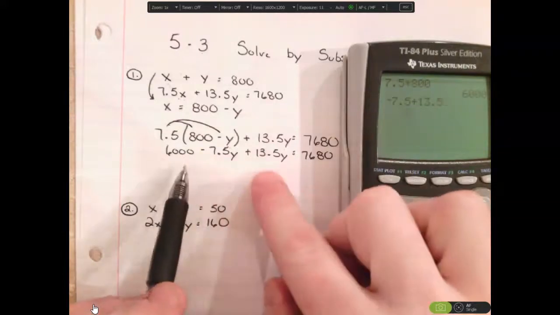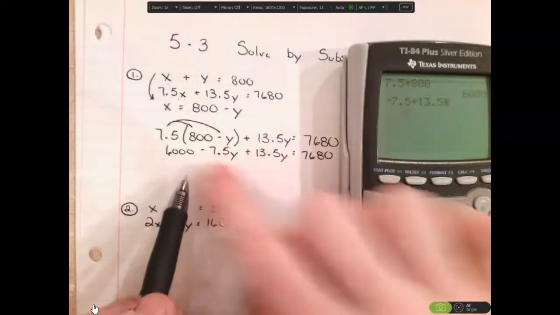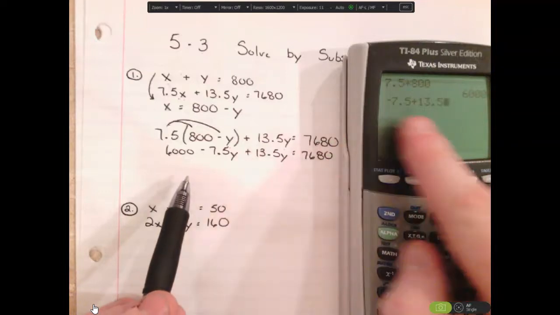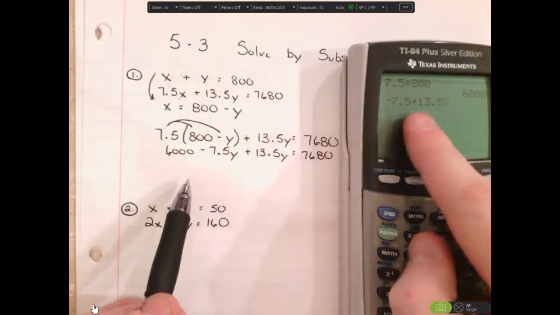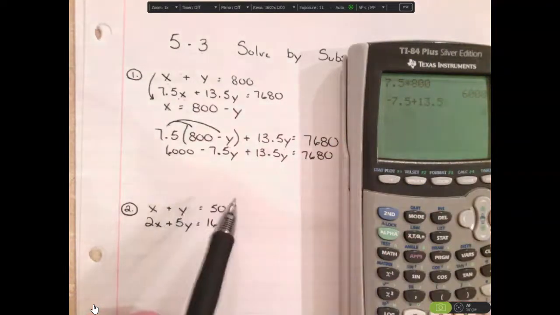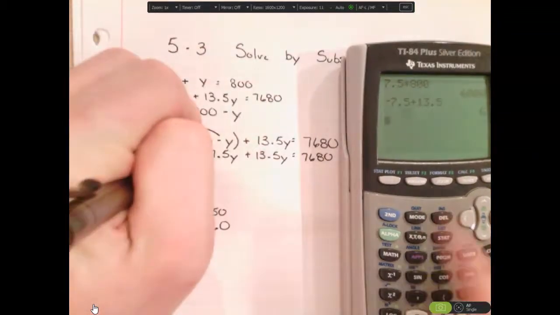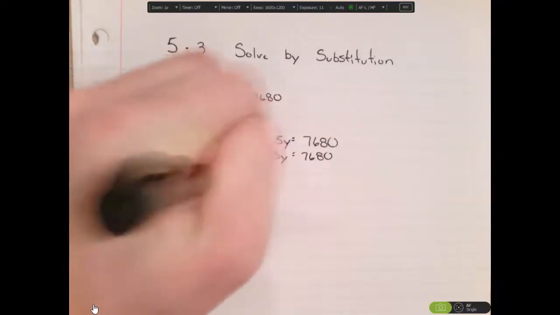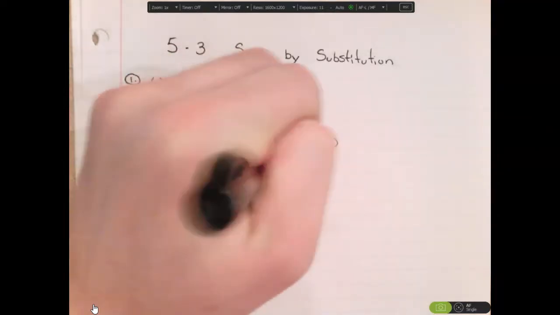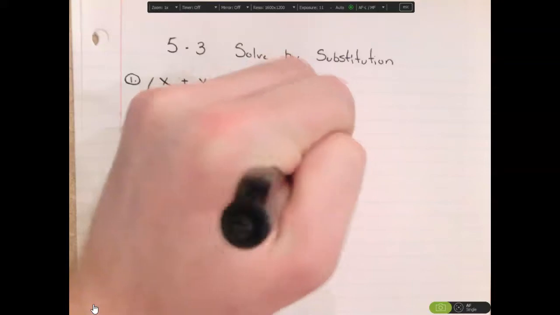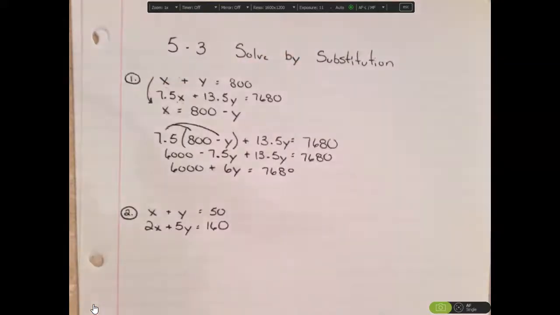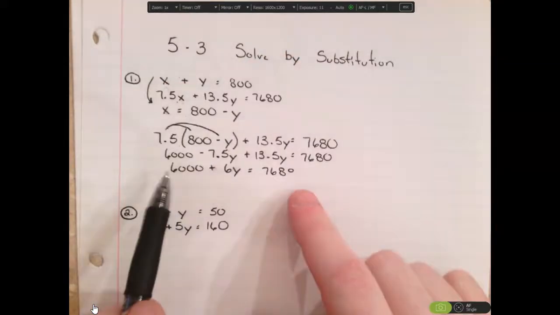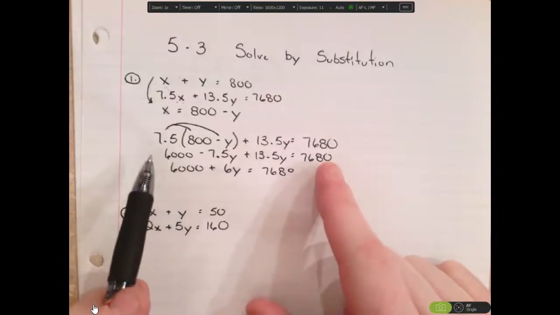Don't add any extra signs. Notice I've got a negative and a positive. So when I type this back in, I should only have a negative and a positive. Hit enter, equals 6. So I have 6,000 plus 6y equals 7,680.